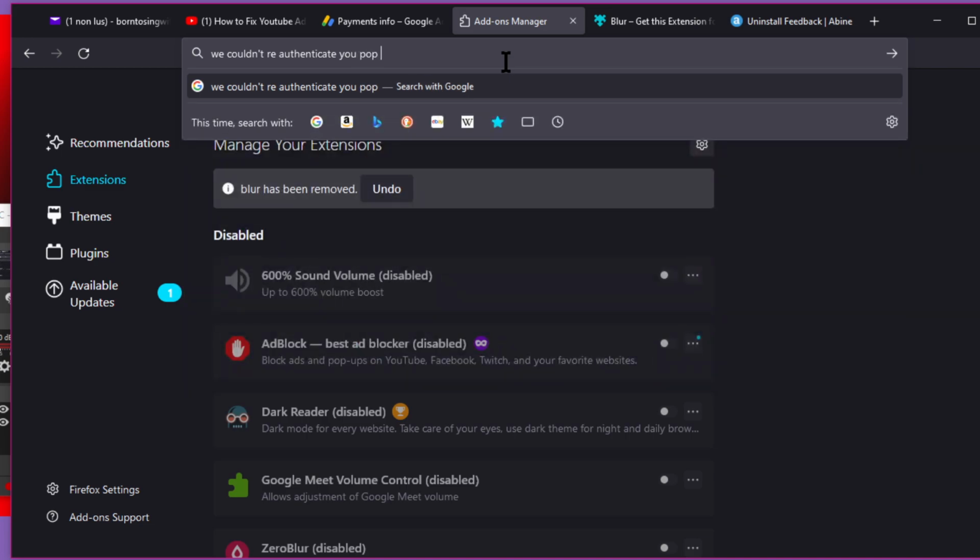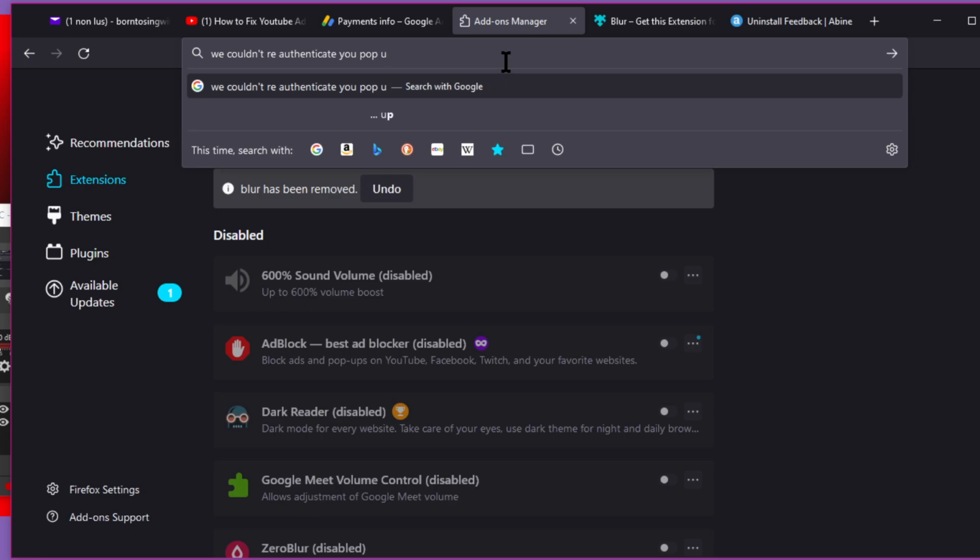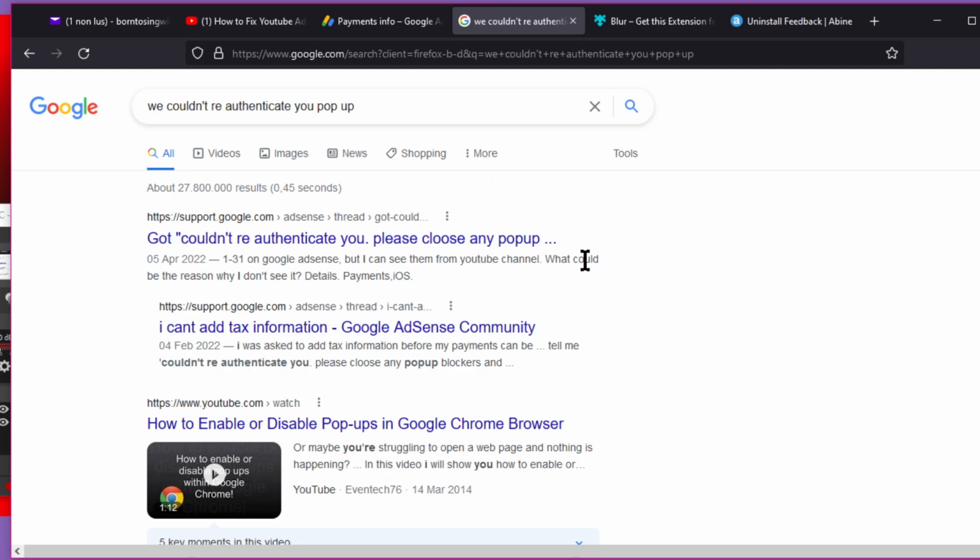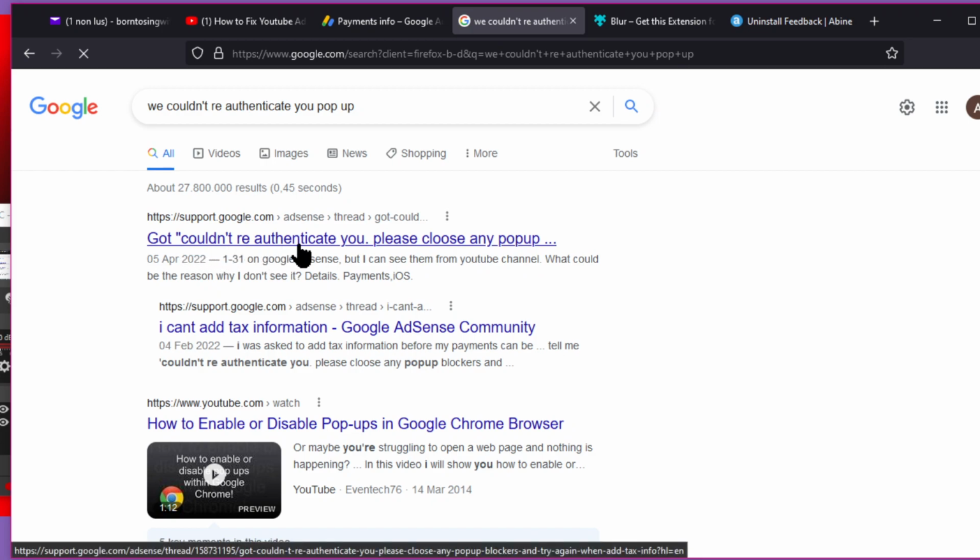Pop up and so on. I'm just trying to write something similar to what Google AdSense was complaining about. It's even recent also. Couldn't re-authenticate you. Please close any pop-up.